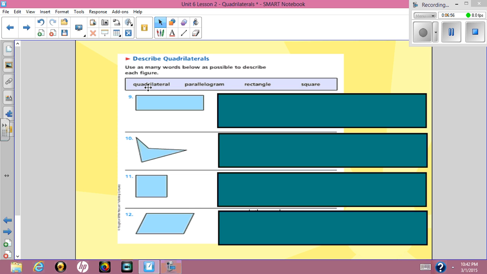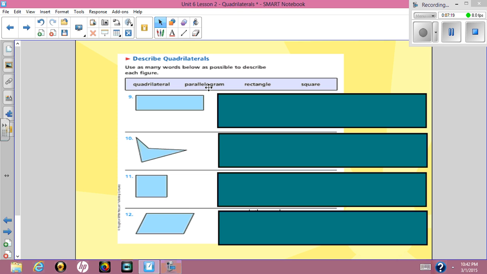Is it a quadrilateral? 4 sides, closed figure, yes. Is it a parallelogram, with 2 opposite pairs of sides that are parallel? Yes, it does. How about, is it a rectangle?